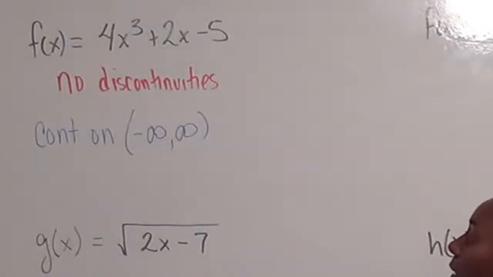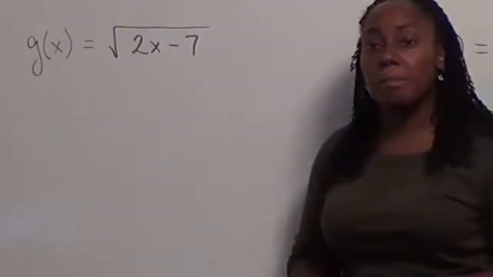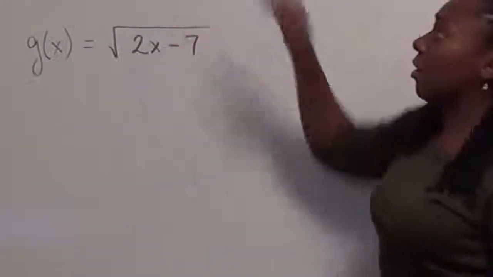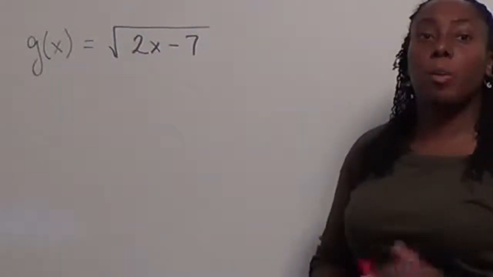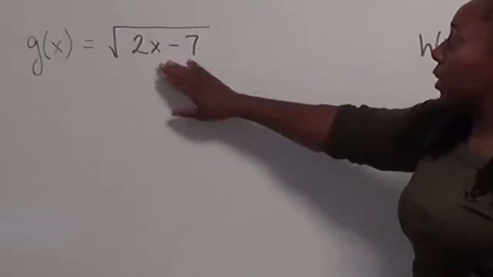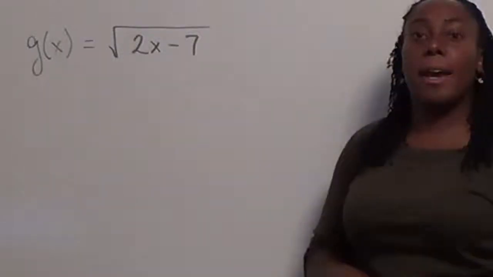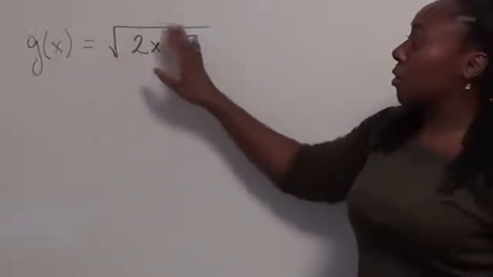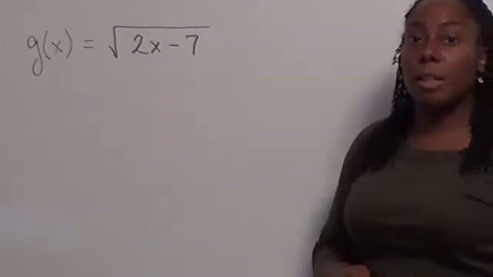Let's look at this function g of x equals the square root of 2x minus 7. Now, unlike our polynomial function, we certainly know there are places where our root cannot be defined. In particular, if we look at the inside 2x minus 7, we know that at 7/2 we're going to get a square root of 0, and if we look at anything smaller than that, this becomes undefined.